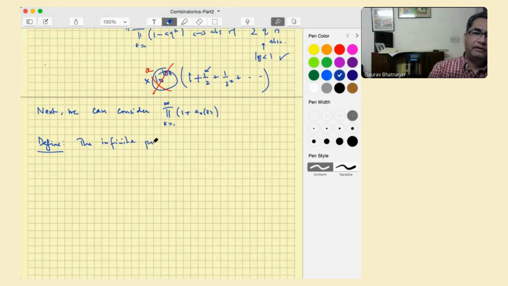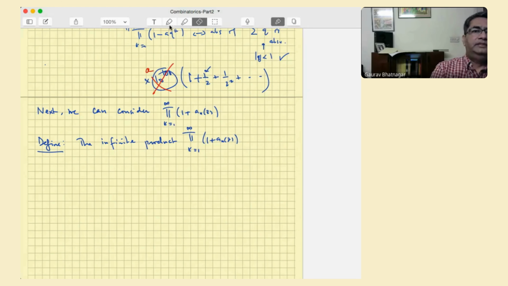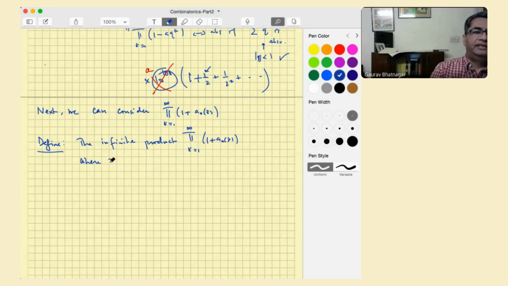The infinite product, where z is a real or complex variable, converges uniformly in its domain.